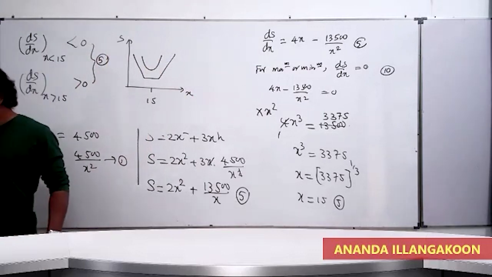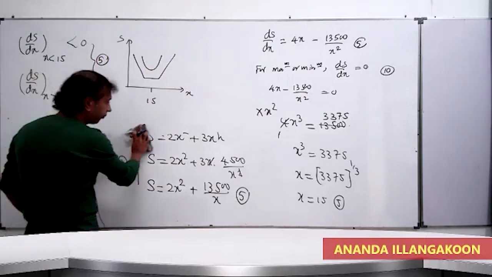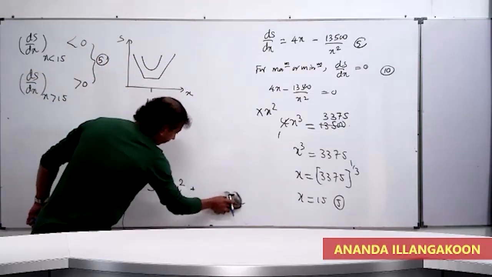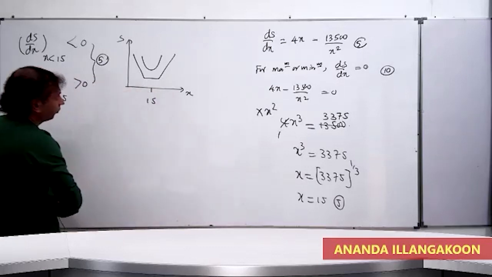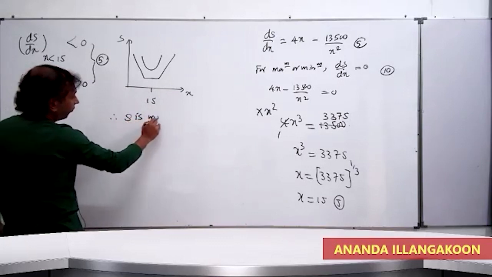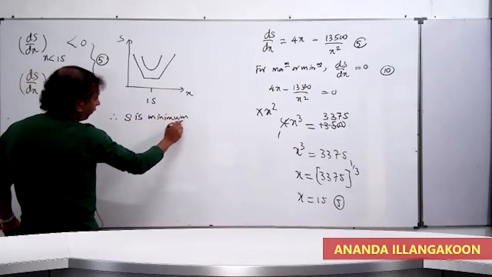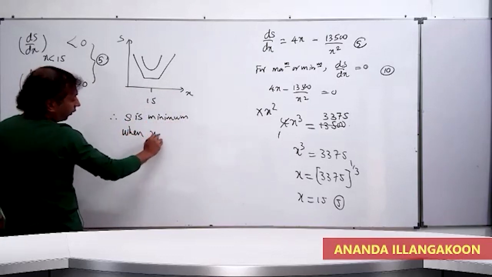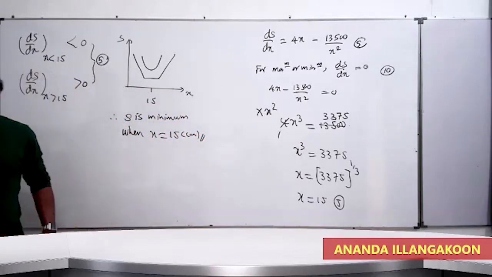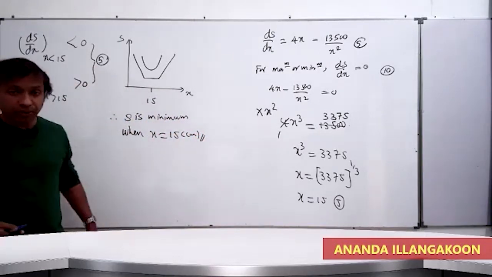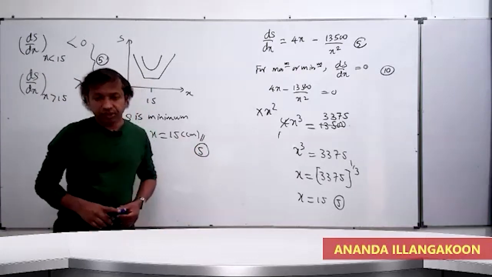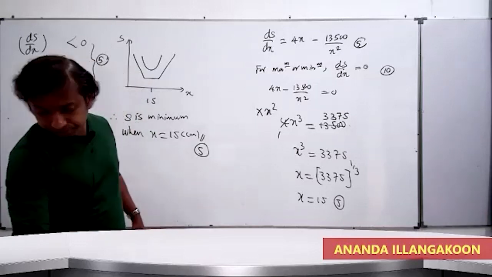So therefore, the last one you have to write: therefore, S is minimum when x equals 15 centimeters. The units are not anyway important, people. In the marking also, if the units are not put, 5 marks for this. Right. So this is how we take that answer.